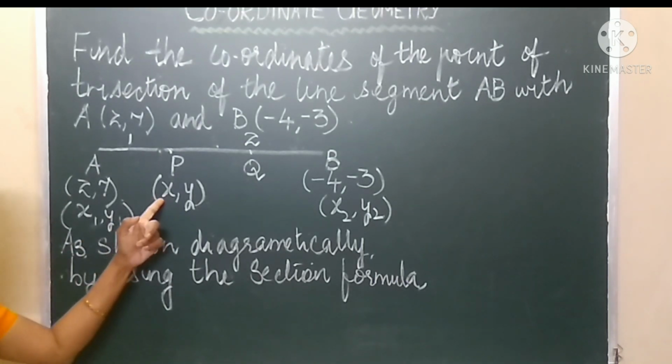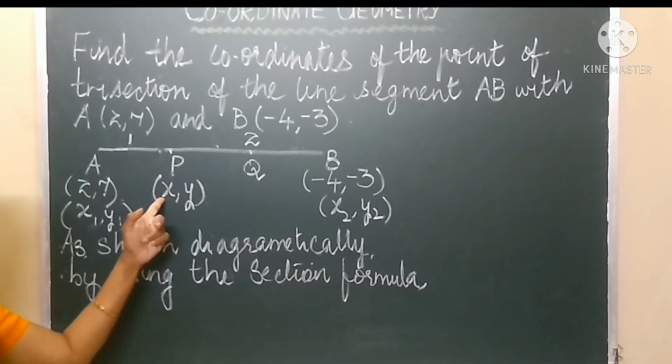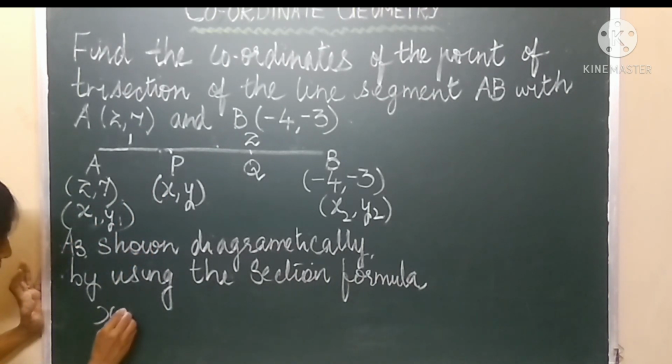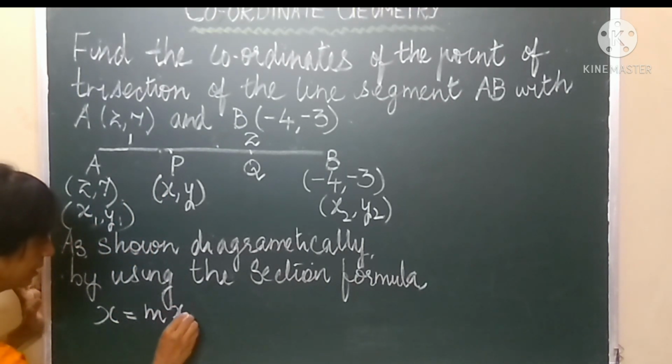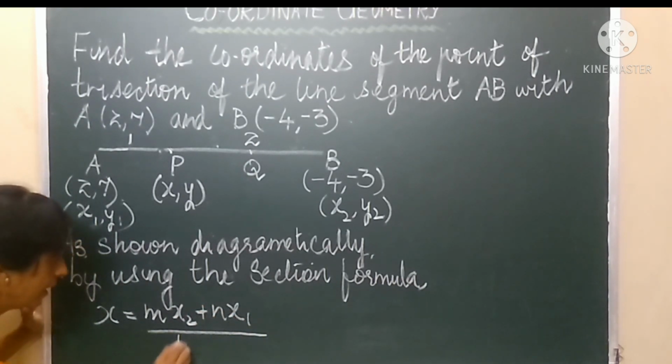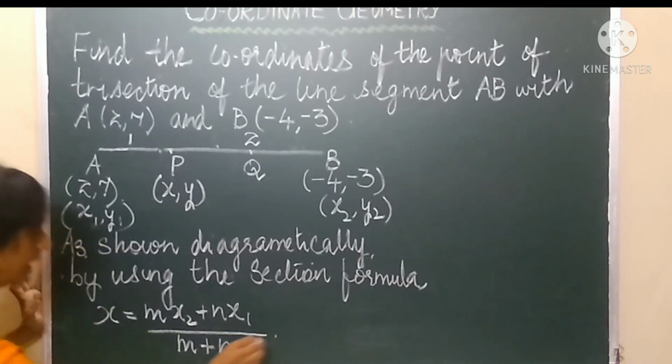First, let's write down how we calculate by using the section formula the coordinate of point x. So, x will be equal to mx2 plus nx1 upon m plus n.